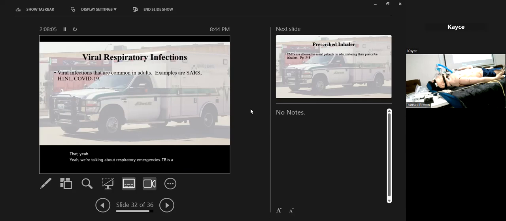I guess cystic fibrosis is also a chronic illness, but it's a little bit different because most of those people can manage on their own fairly well. Whereas with TB, once you get it, as you progress into it and it becomes chronic, you're always going to have that issue. That would be the only reason I could think it's not under any of these. And I do believe we cover it later on.